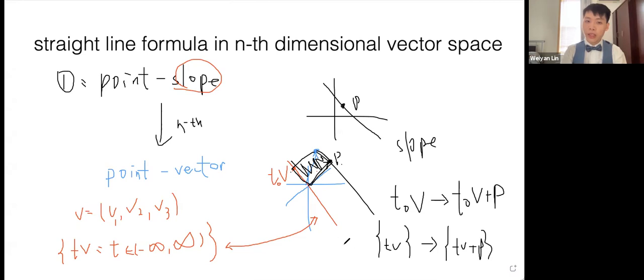And then from this straight line, because we are only obtaining the parallel line, the actual line has to pass a point P. So the solution is that we translate the point here to the actual line by adding the vector P.